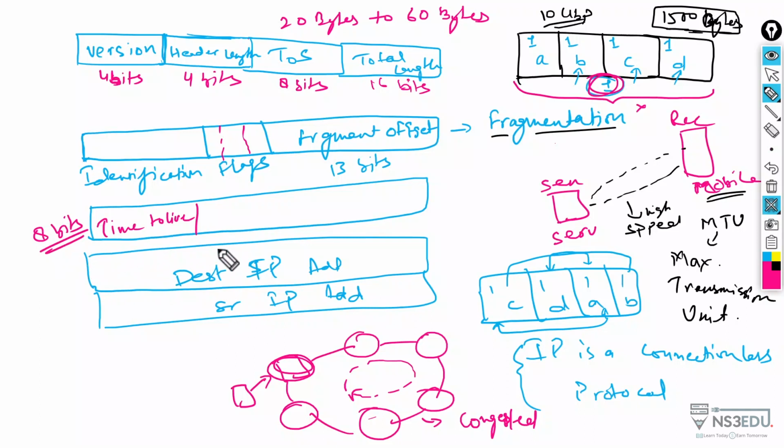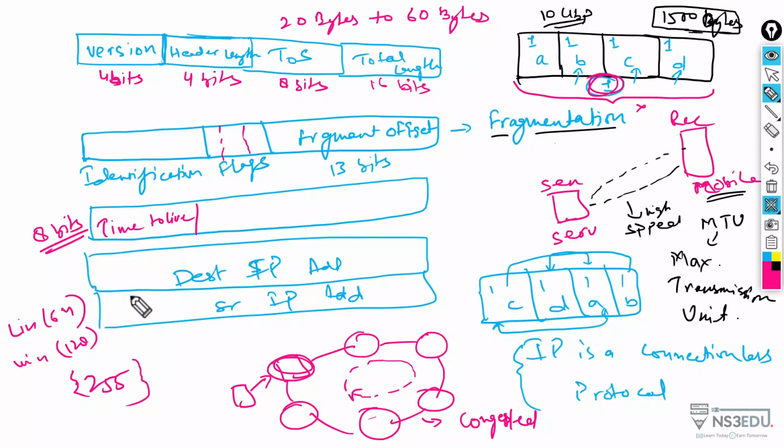These 8 bits specify a number. In Cisco devices, that number is 255. In Windows you will see 128, in Linux you will see 64, and so on. There are different TTLs for different operating systems.